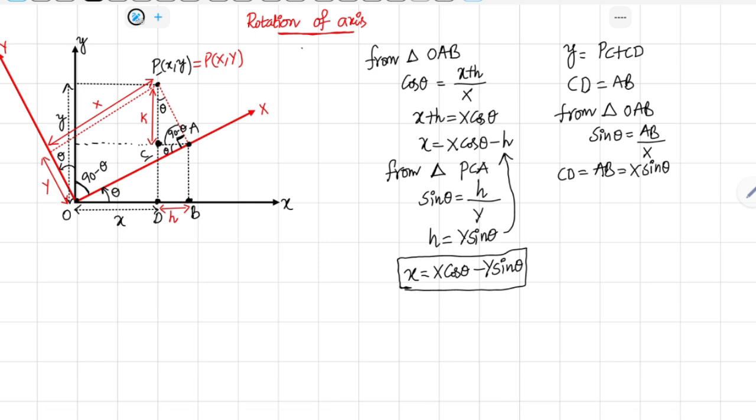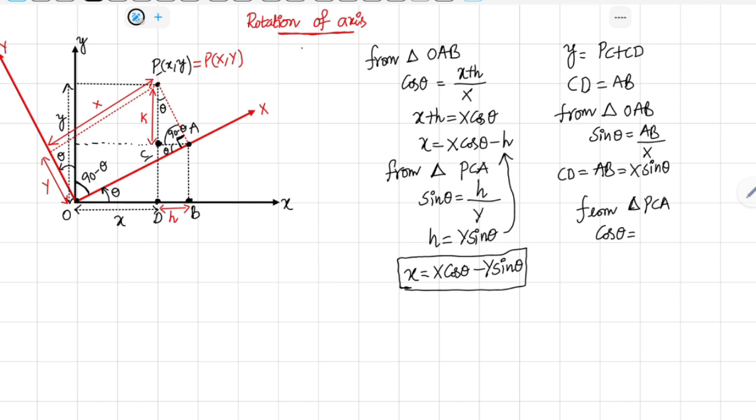Okay. Now, I want to find what is PC. If I want to find PC, from the triangle PCA, again I'm using triangle PCA, I just want to find cos theta. Cos theta is adjacent side by hypotenuse.